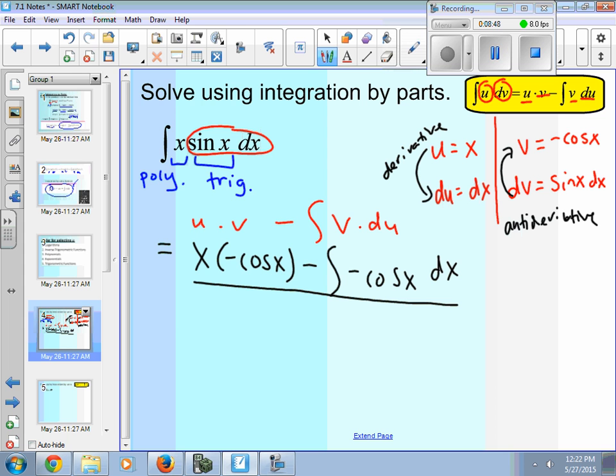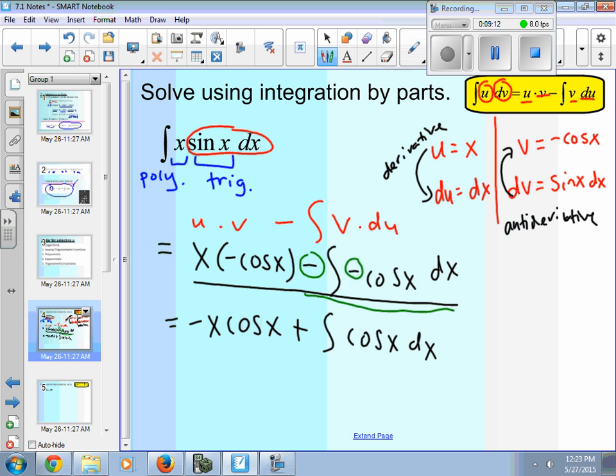Now the left-hand part of this, there's not really anything to do. It's just x times negative cosine x, which is going to be negative x cosine x. One thing we could do to make this part a little bit easier: notice we have a negative and a negative. We can move this negative out, making this plus the integral of cosine x dx. Now to get the answer, what is the antiderivative of cosine x?